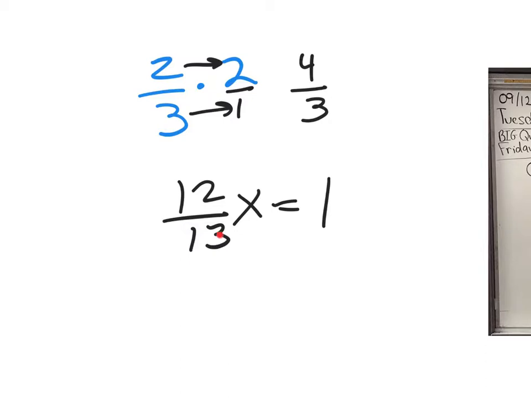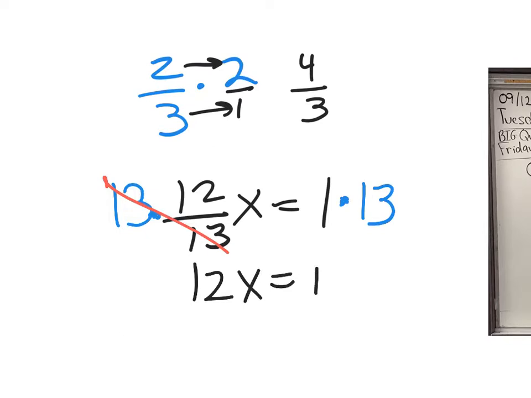Whatever number's down here, put a little times right next to it and that same exact number. That way it'll cancel out. But remember, on an equation, what you do to one side, you have to do to the other side. So you're going to multiply by 13 over here. So what we end up with in this case would be 12x equals 13.